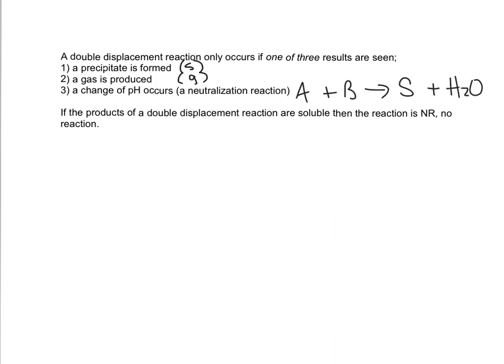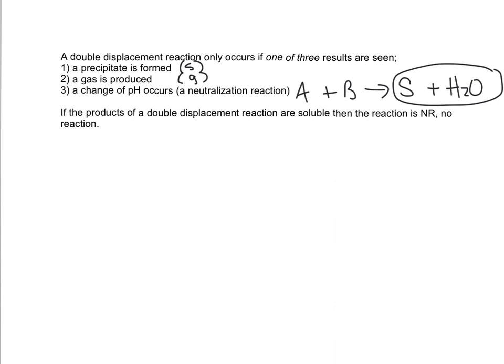So basically, this side has a pH of 7. So therefore, it is neutral. There's been a change of pH. If you were an acid, you had a low pH. If you were a base, you had a high pH. You mix them together, there's no pH, your pH of 7.